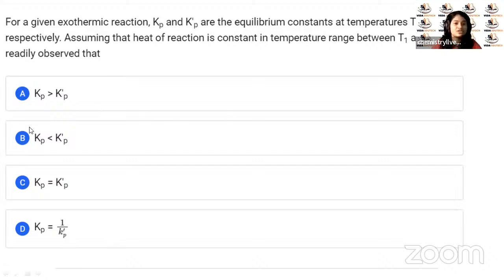What is given in the question here? Let's see what's given here, children. Now we are talking about an exothermic reaction. Yes.